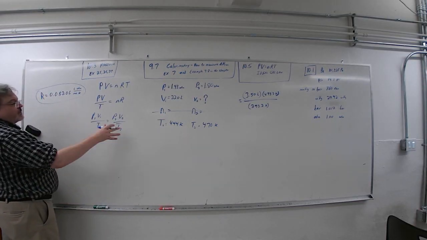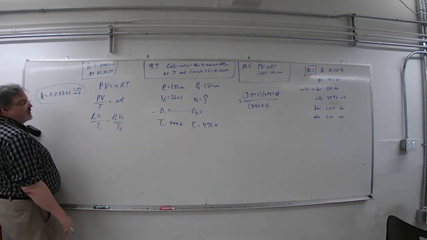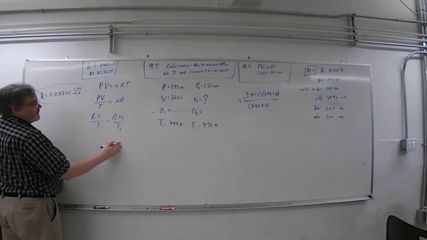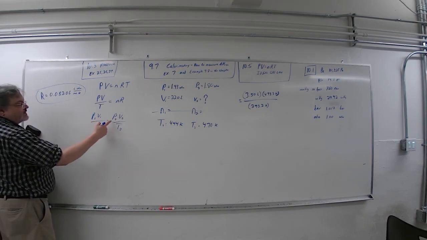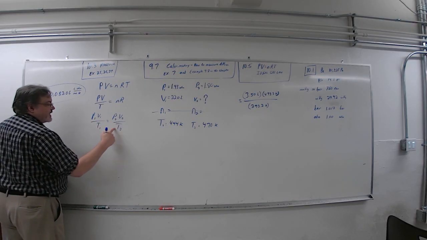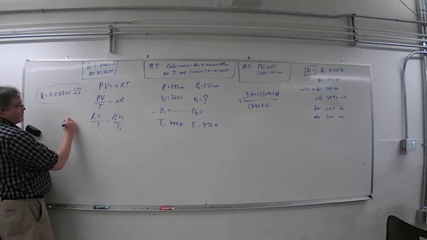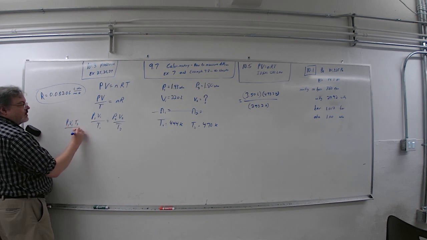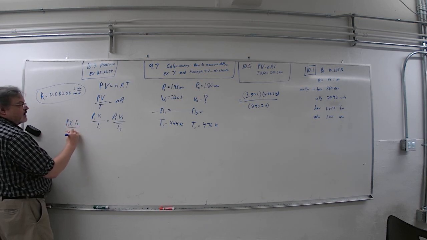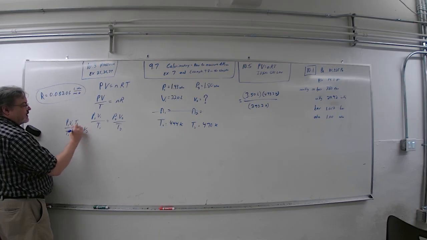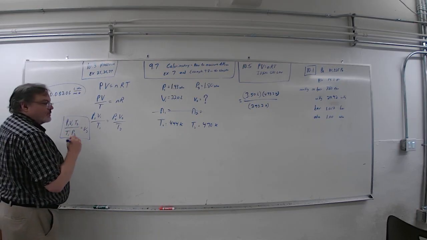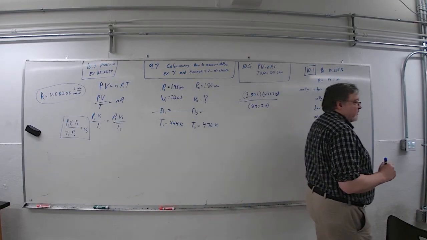And you have all these variables but one, so you solve for, I guess we're solving for V2. Divide both sides by P2, multiply both sides by T2, so we'll have P1, V1, T2 over T1, P2. There's your plug and chug formula.